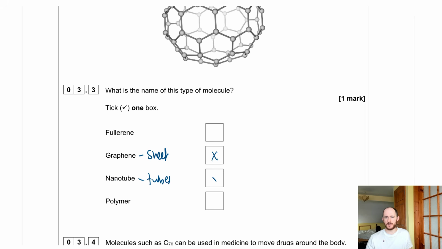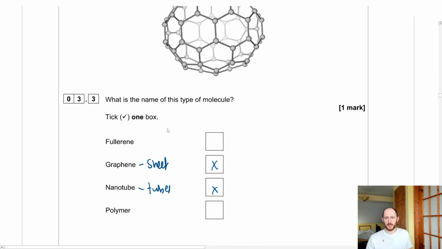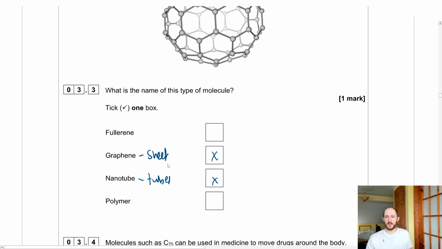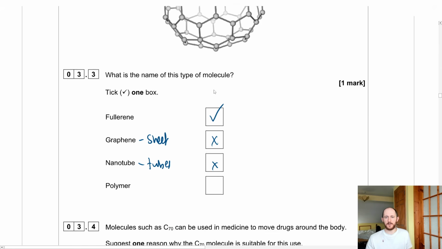It's not a sheet and it's not a tube either. So it can only be either a polymer or a fullerene. Polymers tend to be to do with hydrocarbons, whereas in this case we literally only have carbon, so that means it must be a fullerene. In general, fullerenes are just hollow balls, which we use in the medical field.